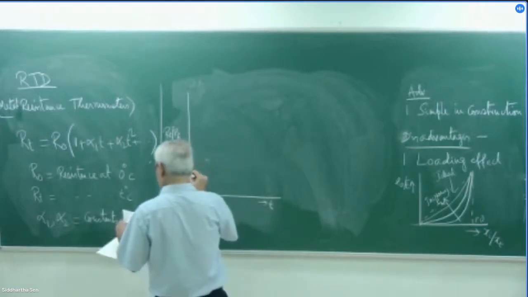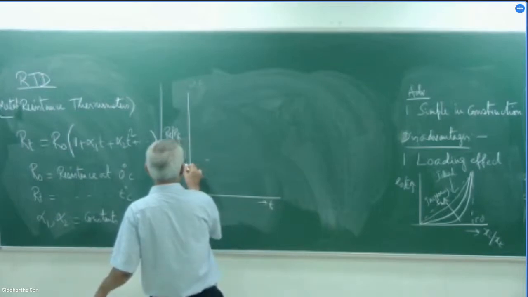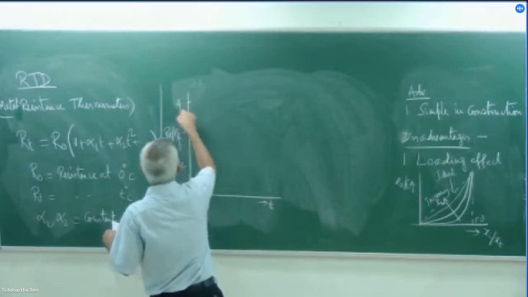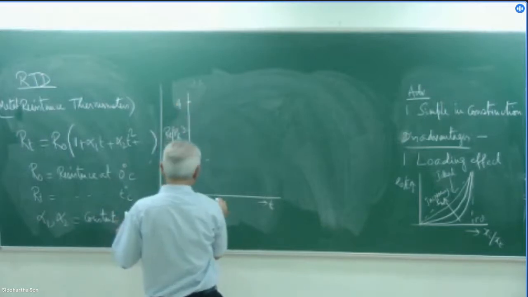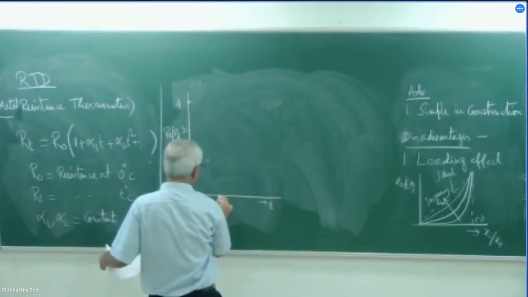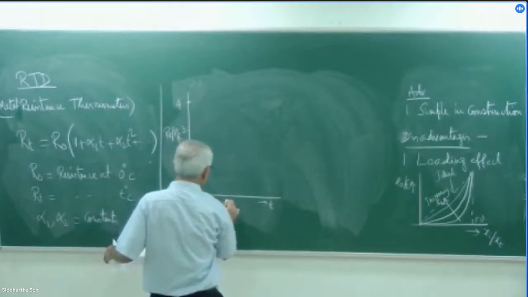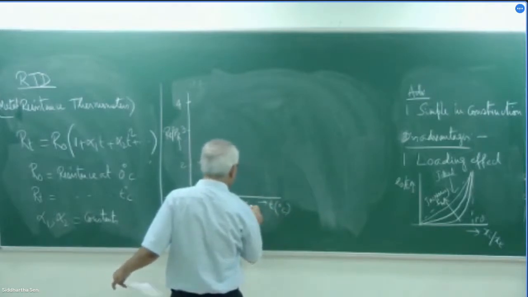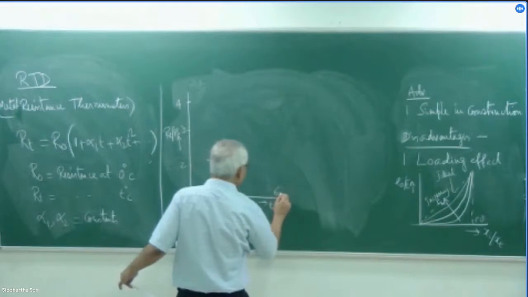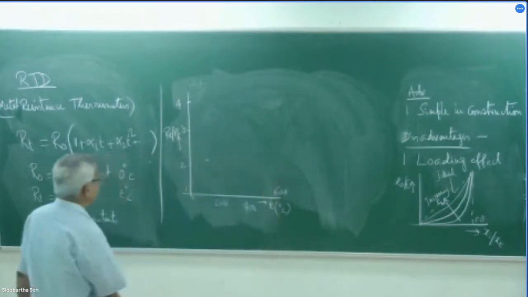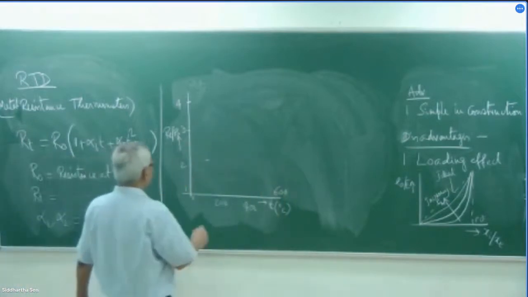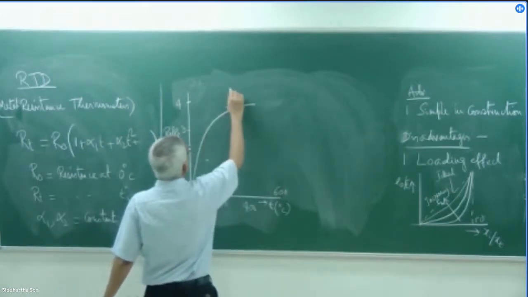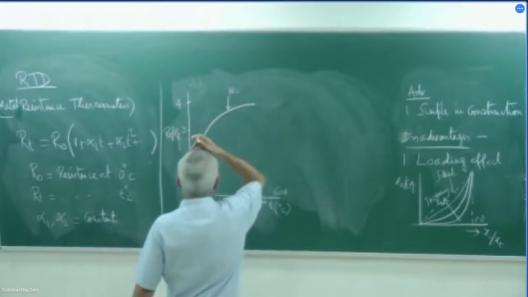For example, say I mark 1, 2, 3, 4 like this, and here it is 0 degrees Celsius, 200 degrees Celsius, 400 degrees, and say 600 degrees Celsius. Among them, nickel is a very highly sensitive one, but we find it has nonlinear characteristics.